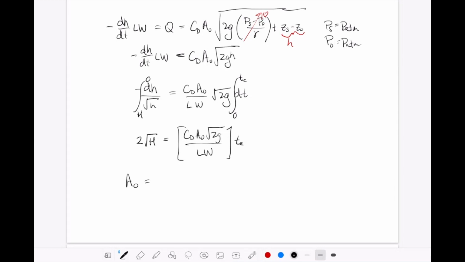So if we do that, we get A0 is equal to 2LW over CD times the square root of 2g T empty. I forgot the square root of h.